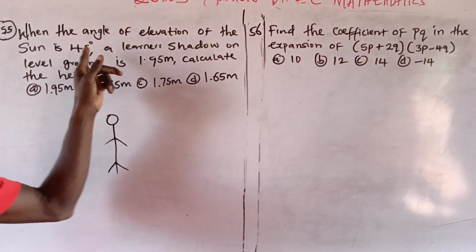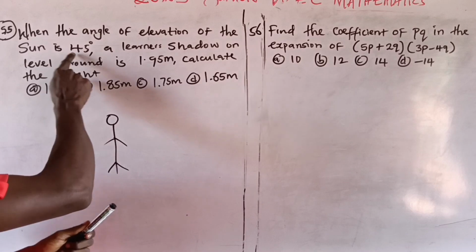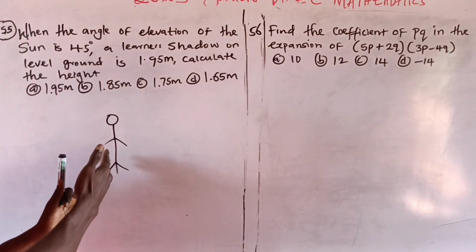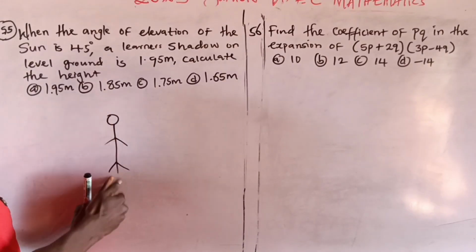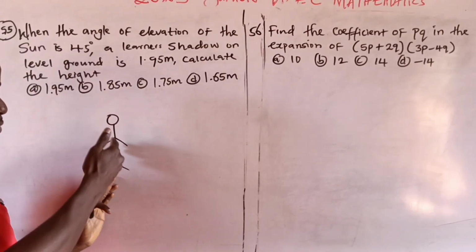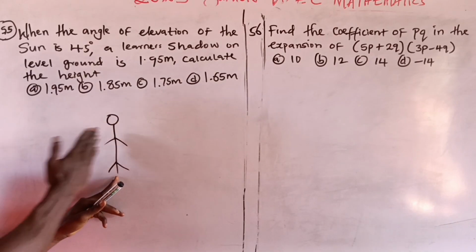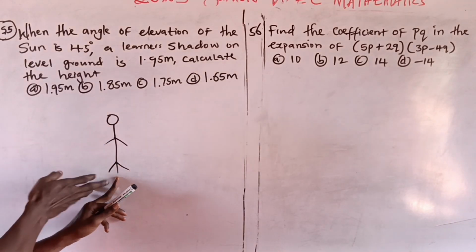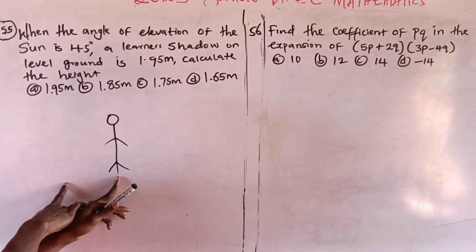But the sun that was shining showed us where it is, which is 45 degrees. So this line now, this is angle 90 degree. And from this side, if the sun is shining this side, the shadow is coming this side, that means it will be between 90 to 180.